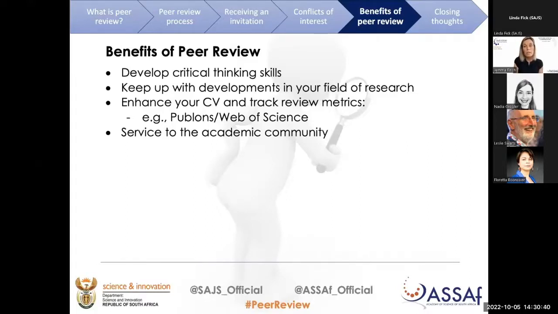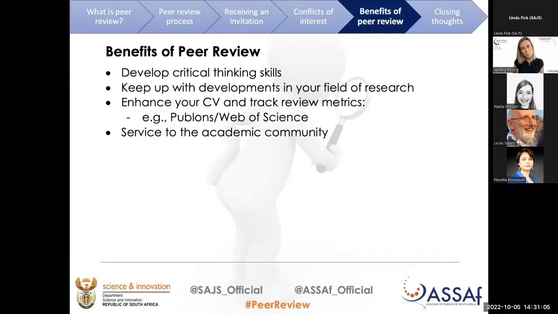You can also track your peer reviews using a platform like Publons, which I think has been incorporated into Web of Science now. So if you have a researcher ID account, you can track your peer review activity and show which journals, a sort of verified record of which journals you have reviewed for on your Web of Science profile.